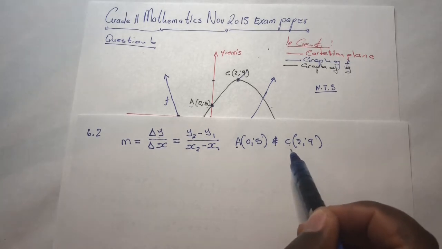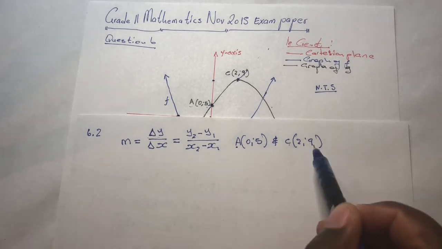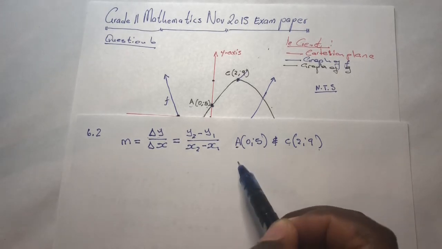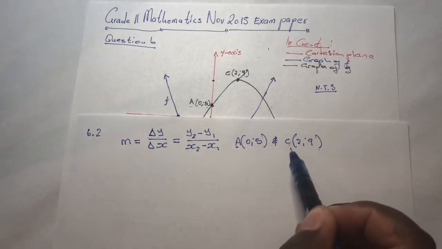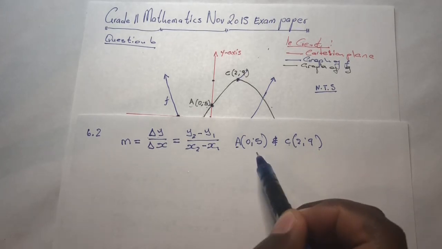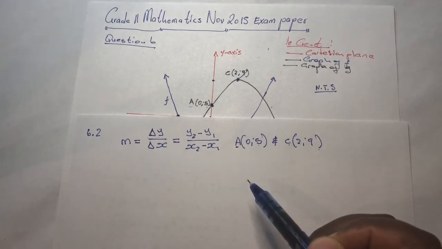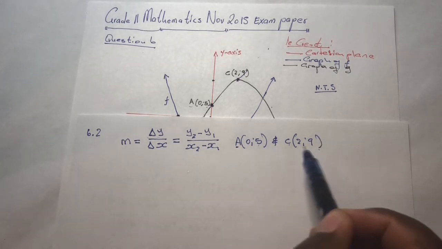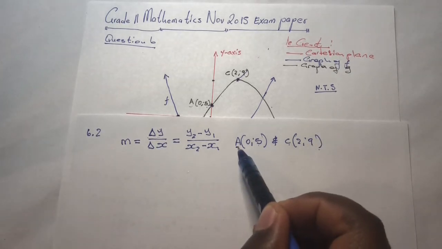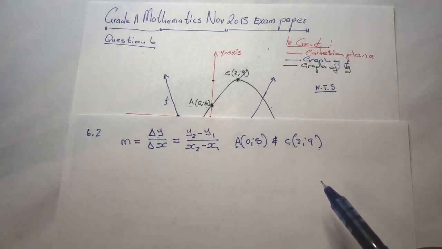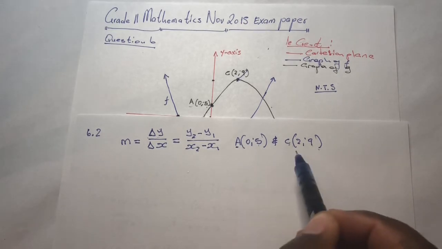So because C comes second, then these coordinates become my x2 and y2. And because letter A comes before letter C, then this becomes my x1 and y1. So I've always been assigning the coordinates following the order in which the alphabets follow. So I've got A, I've got C.